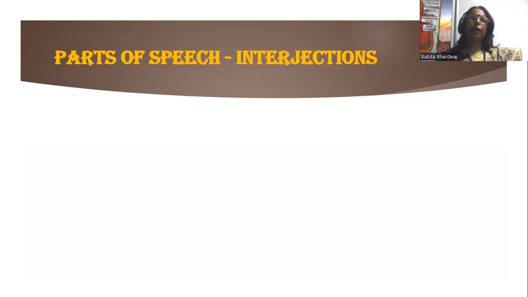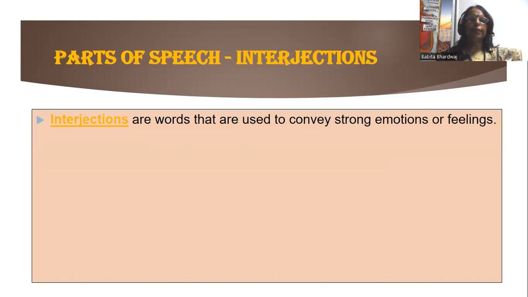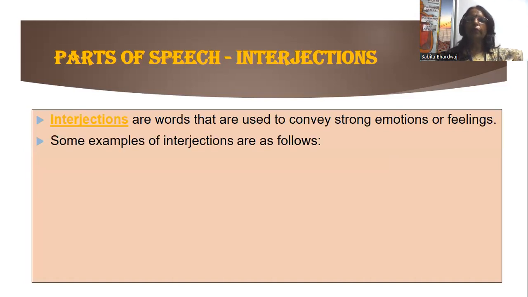Now coming to the next part of speech, that is interjections. Interjections are the words that are used to convey strong emotions or feelings. Some examples of interjections are, oh. You must have noticed that when a person is surprised or something happens suddenly, unexpectedly, we create that sound, oh. Wow. Wow is generally used when a person is in a happy mood.